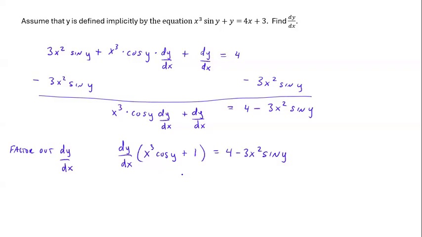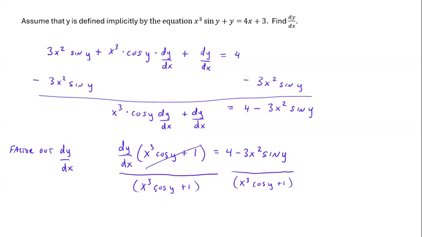So let's go ahead and divide both sides here by x cubed cosine of y plus 1. We'll do the same thing on the right-hand side. These two terms, the whole big set of parentheses here, is going to cancel on the left.